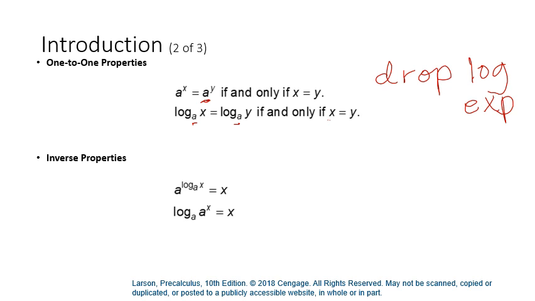So here, if you drop the log, you would have x equals y. And if you drop the a part, you would have x equals y. We're going to see that today, the way we do that with exponentials.